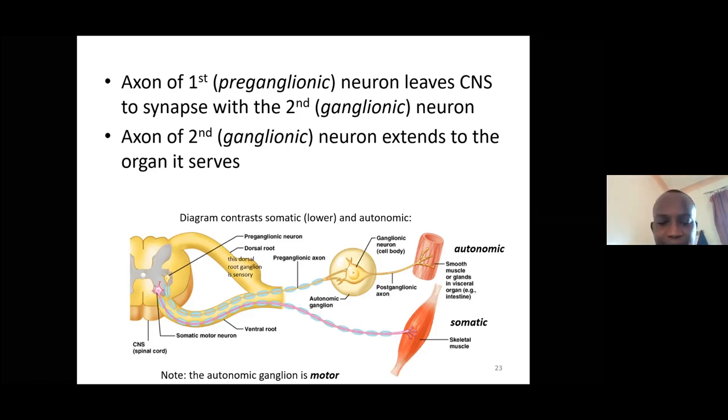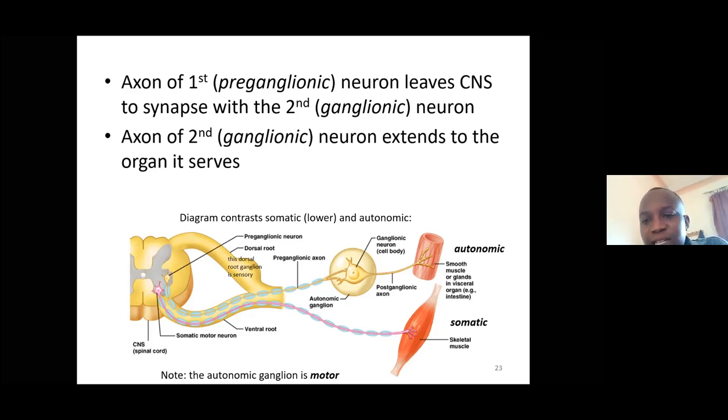So to summarize, the neurotransmitter that is common in the autonomic nervous system is acetylcholine, with the exception of the postganglionic of the sympathetic system. And then there's another exception: the adrenal medulla has only the preganglionic.